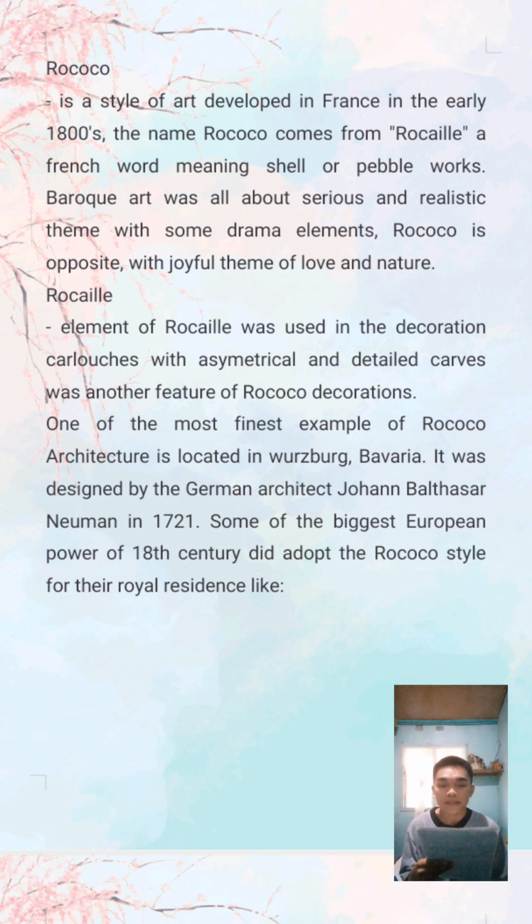Rococo painting was the opposite, with joyful themes, fluff, and nature. The rocaille was used in the decoration. Cartouches with symmetrical and detailed carving were another feature of Rococo decorations. One of the finest examples of Rococo architecture is located in Würzburg, Bavaria.